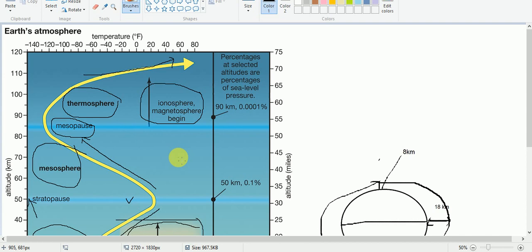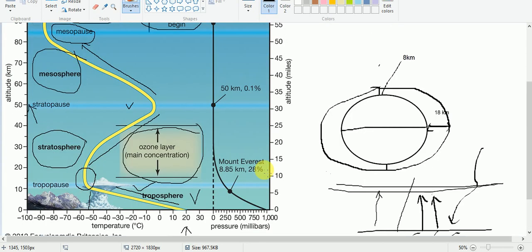Now see here about the pressure condition. This line shows the condition of pressure with increasing altitude. At sea level, the pressure is about 1000 millibars. The actual value is 1013, but here we are putting 1000 at sea level.